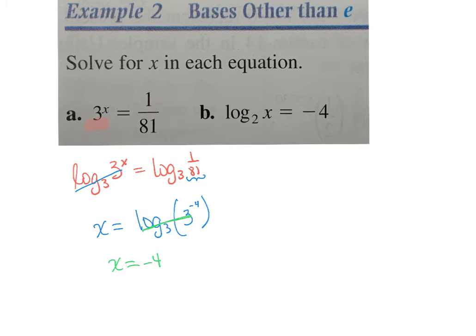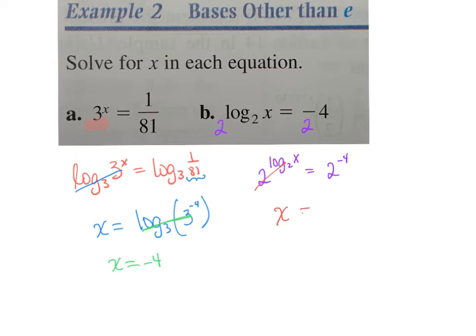All right, on the right-hand side, this is a base 2. I want to get my log out of my problem. So I'm going to do an exponential base 2. All right, so I'll say 2 to the log base 2 of x equals 2 to the negative 4. And when you do that, your bases cancel out.